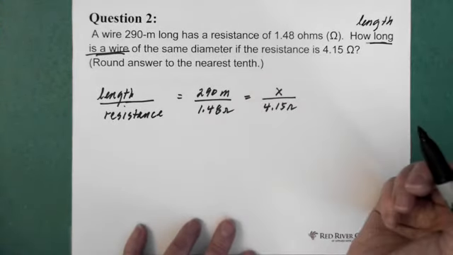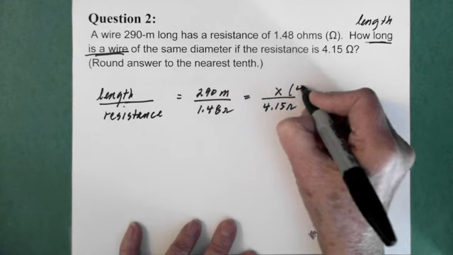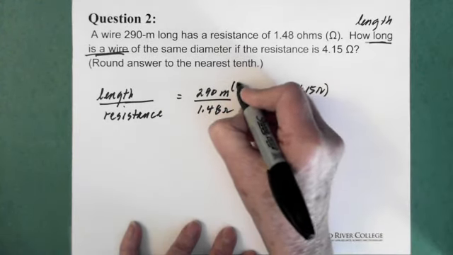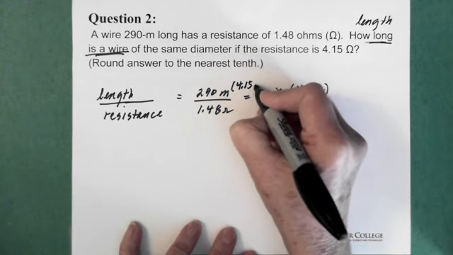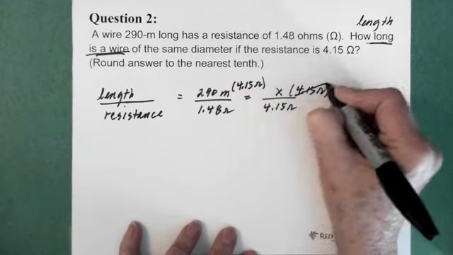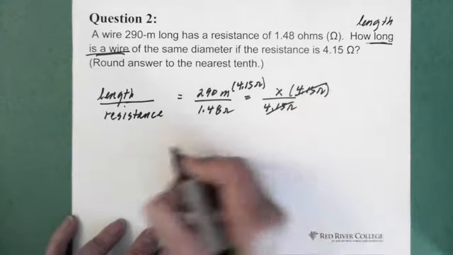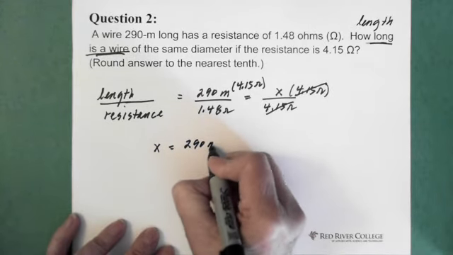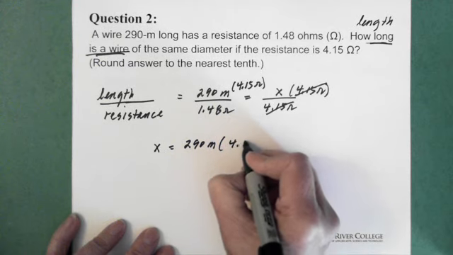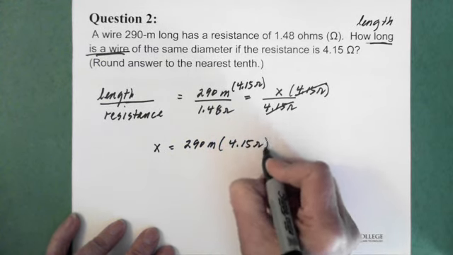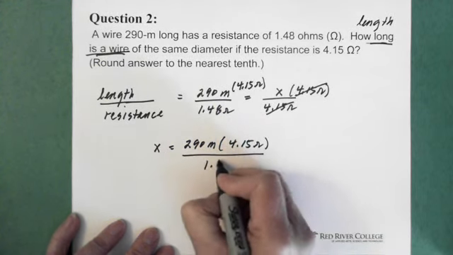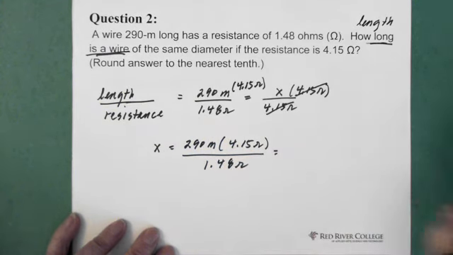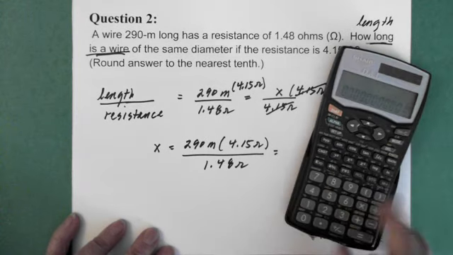So we want X by itself. We multiply here by 4.15 ohms, multiply here by 4.15 ohms. These two equal 1. We end up with X equals 290 meters times 4.15 ohms divided by 1.48 ohms.